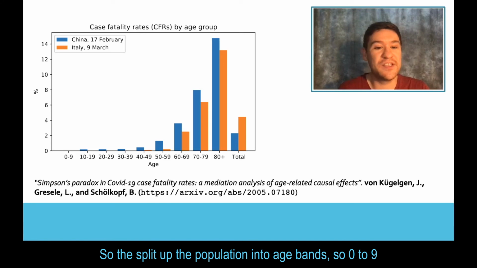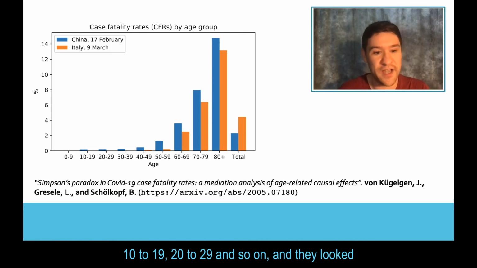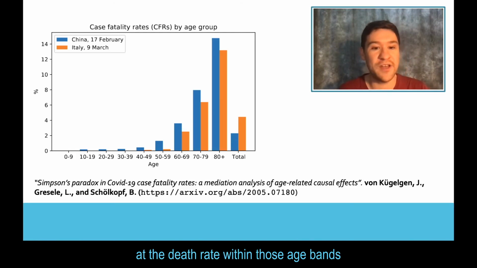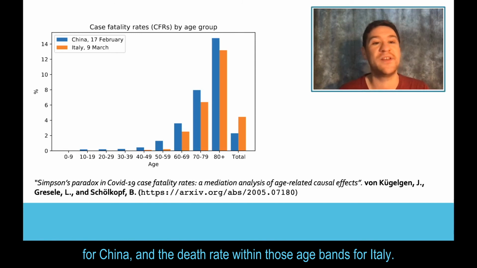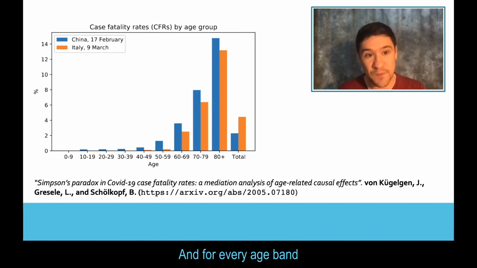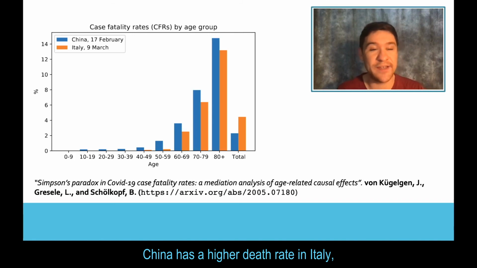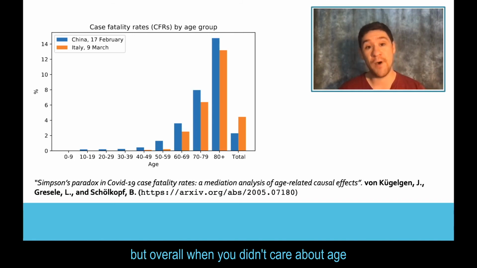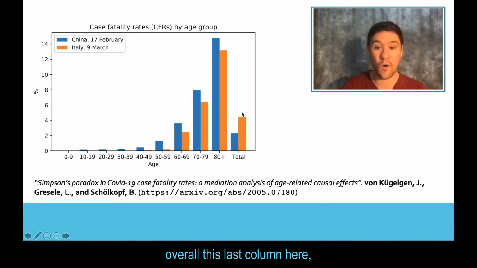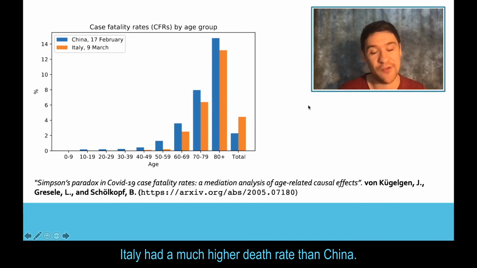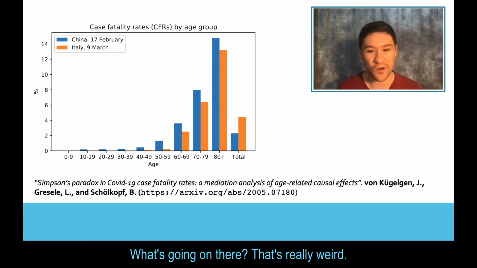They split up the population into age bands, 0 to 9, 10 to 19, 20 to 29 and so on, and looked at the death rate within those age bands for China and for Italy. For every age band, China had a higher death rate than Italy. But overall, when you didn't care about age, in this last column here, Italy had a much higher death rate than China. What's going on there?